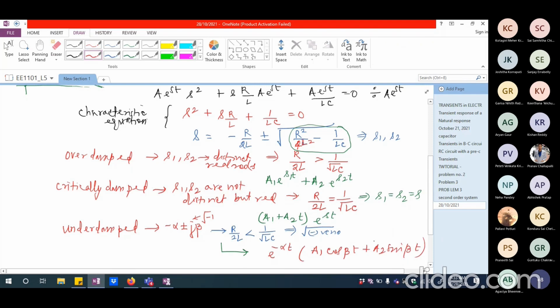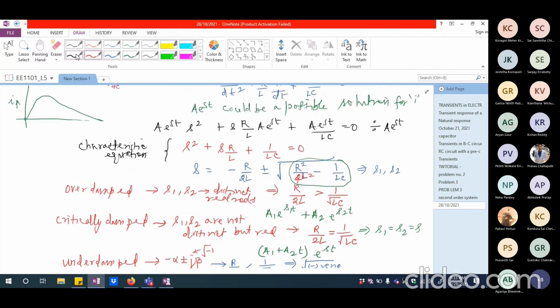Okay, so this is going to be the underdamped system.